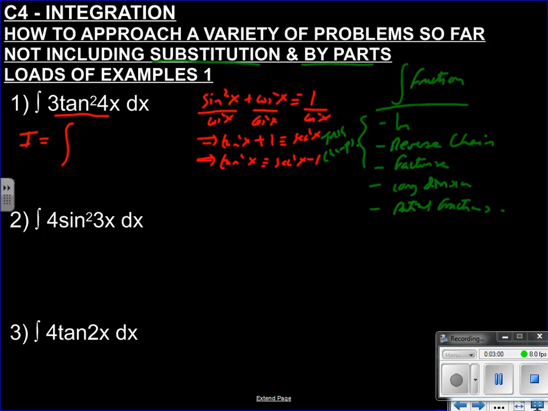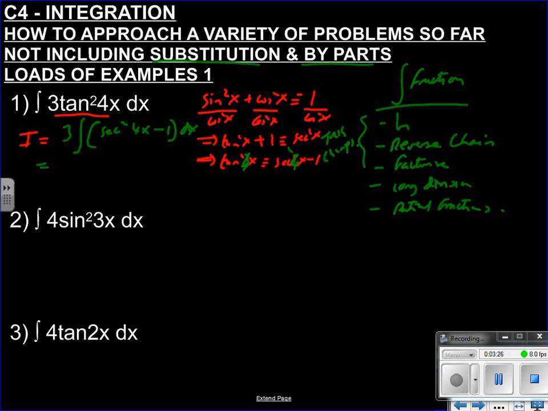And it doesn't matter what the angle is. If that's a 3, then that's a 3. If that's a 4, then that's a 4. It doesn't matter. So this 3 and then our tan squared, because nothing differentiates to tan squared, but something does differentiate to sec squared, we can change this to sec squared 4x take 1 dx. Now my tip to you is to leave constants on the outside and times at the end.